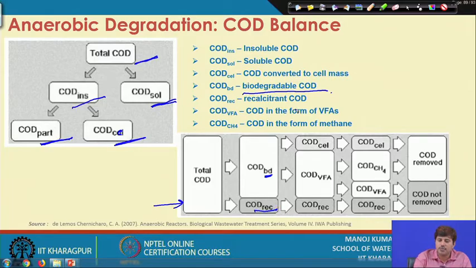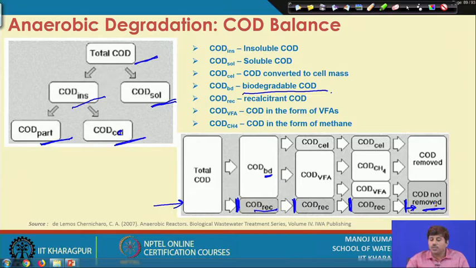That recalcitrant or non-biodegradable COD is also there. Whatever fraction of non-biodegradable COD comes into the system, because it is not being degraded or reacted by the bacteria, will come out of the system as it is. Okay, so that will add to the COD which is not removed from the system.